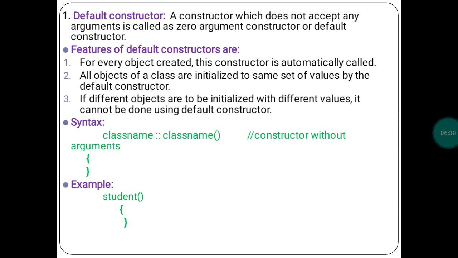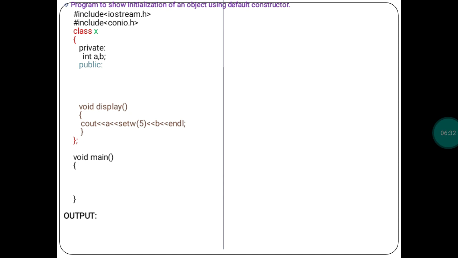Then see one simple programming example about the default constructor. Here: #include <iostream.h>, #include <conio.h>, class X. X is the class name, class is a keyword, opening brace, private int a, b. a and b are the private data members, then public.